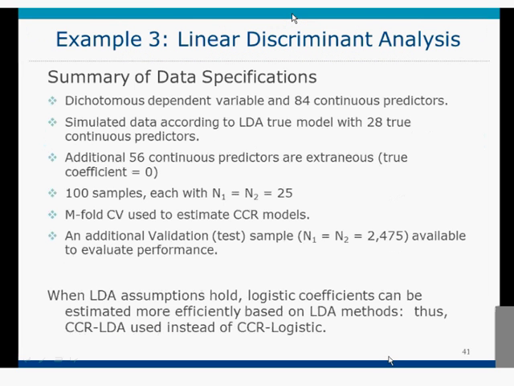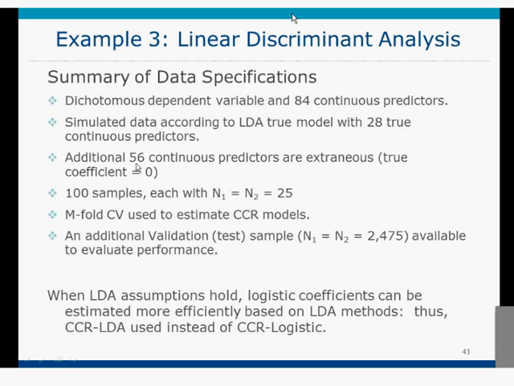Now here, the data I'm working with are simulated such that I have this dichotomous dependent variable and 84 continuous predictors. The true model has 28 true or valid continuous predictors, and for the rest, the true coefficient is 0.